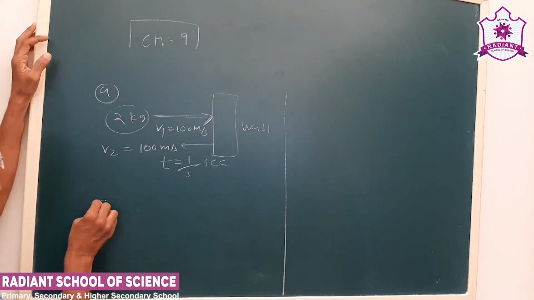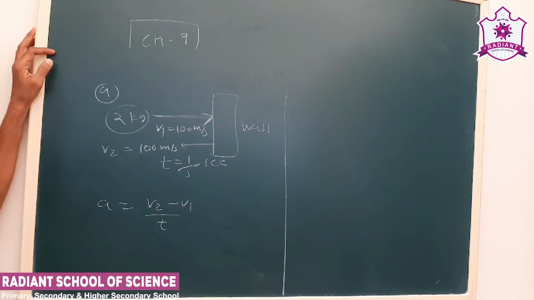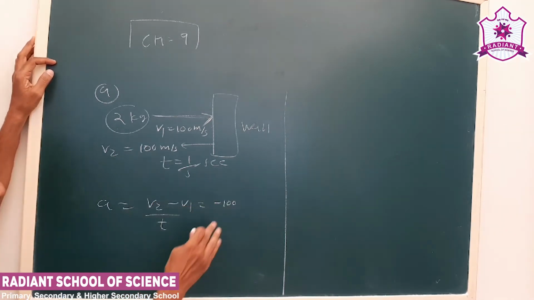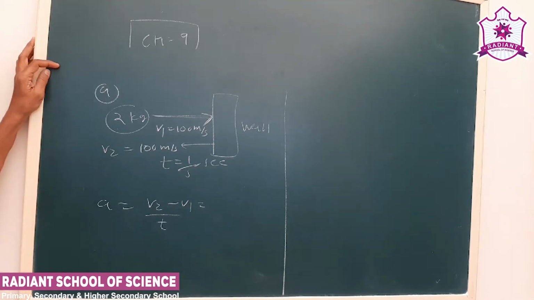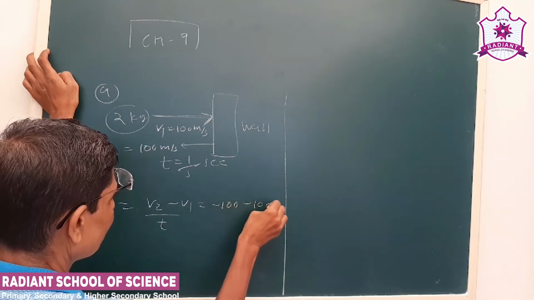Now, see, acceleration is (v2 minus v1) upon delta t. So here v2 will be minus 100, or if I take (v1 minus v2) upon t, then also it is fine. Minus 100 minus 100.